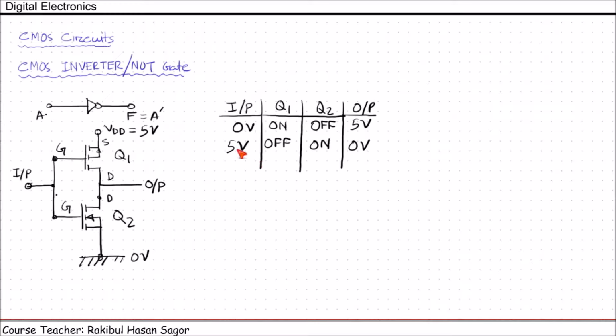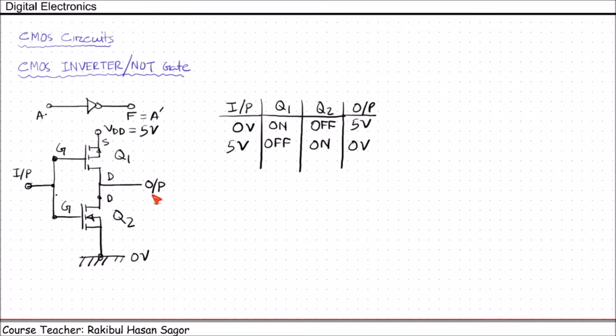So when we provide 0 volt at the input, we get 5 volt at the output. When we provide 5 volt, we get 0 volt at the output. In other words, this is acting as an inverter. When we provide 0 here, we get 1 here. When we provide 1 at the input side, then at the output side we will get 0.